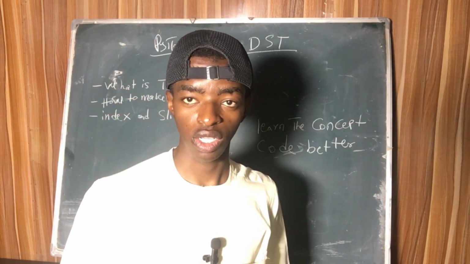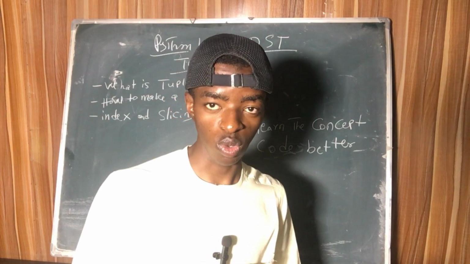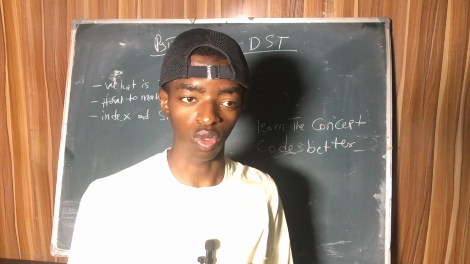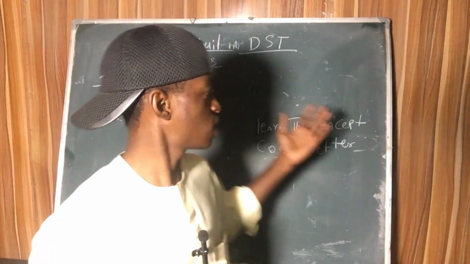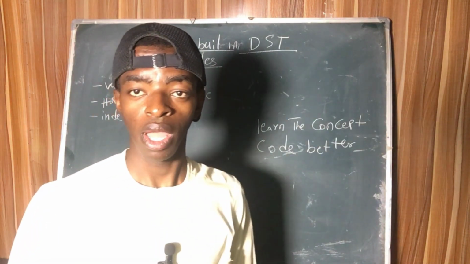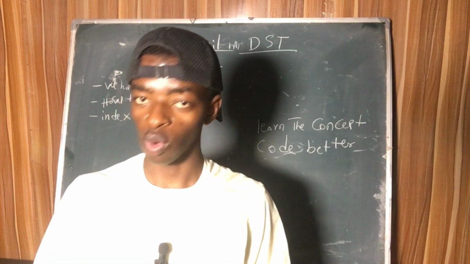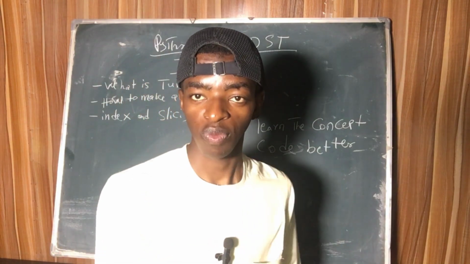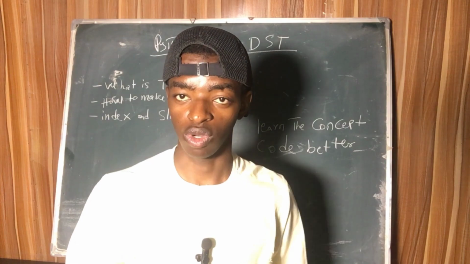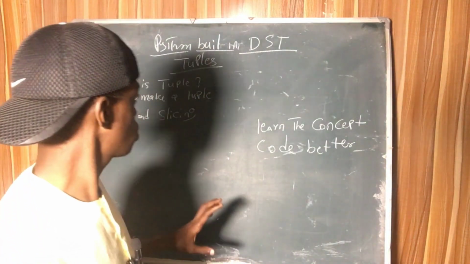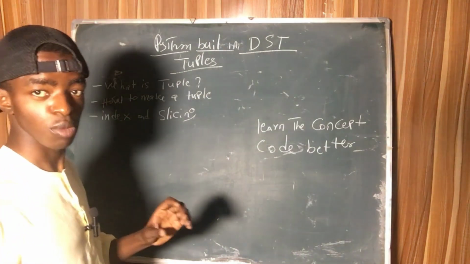In a list, you can store data, and when you store the data, you can remove it, put it back, change it, do whatever you want. But in the case of tuples, it's different. Maybe when you store data, you don't want anyone to mess around with it.